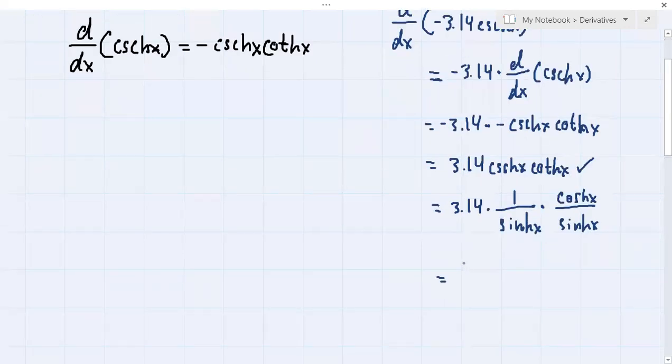So yun, combine them together, we will have 3.14 times cosine hx all over sine h squared x. O, diba? Pwede lang yan.